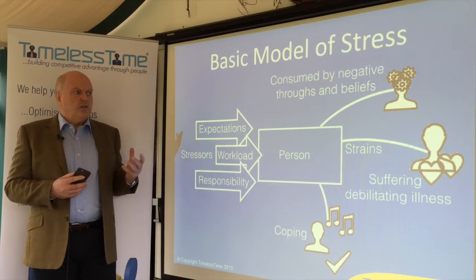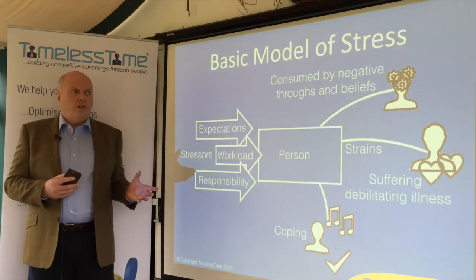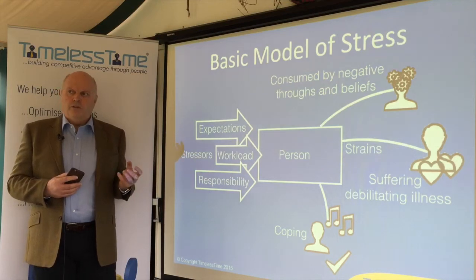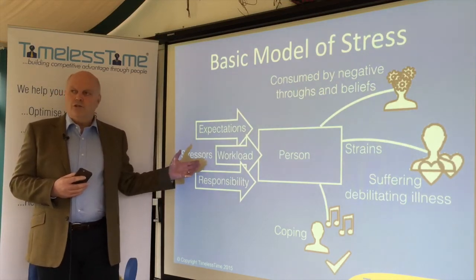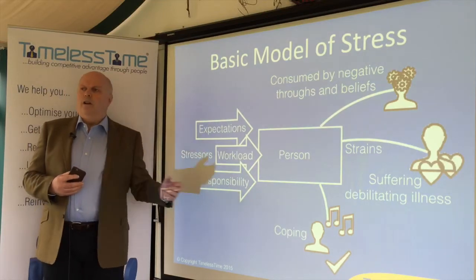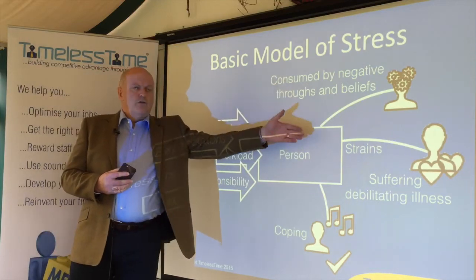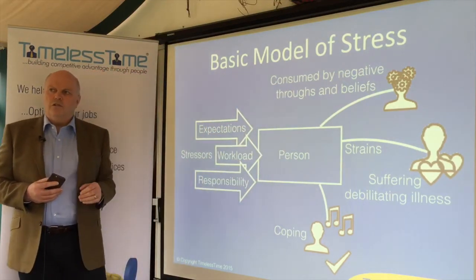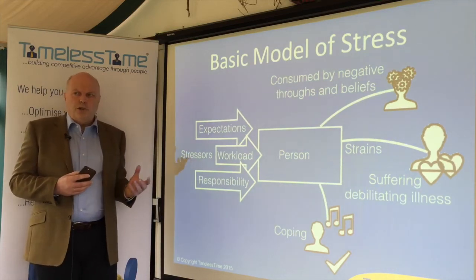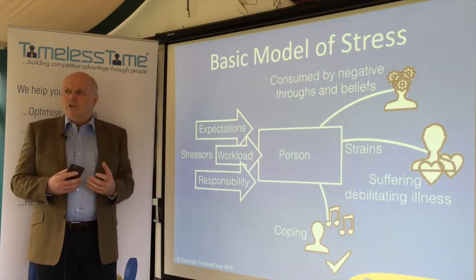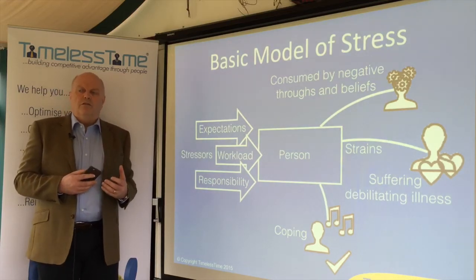And at the moment, in this rather simple model, the only thing we can do to create coping, if the person feels strain, feels stress, is to remove the stressors, thereby allowing them to cope, moving the outcomes from here to here, to the coping. It's the only thing we can do. Or change the person, perhaps, because, as we know, stress is often a function of physical fitness, mental fitness, and the like.